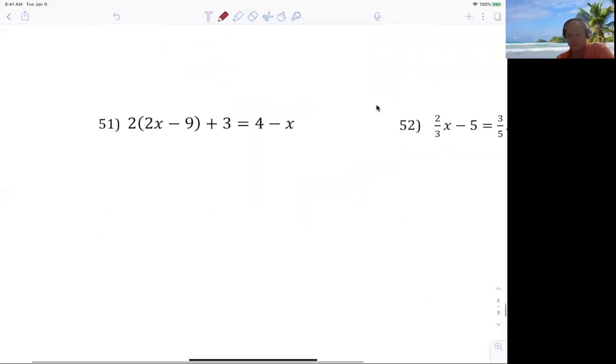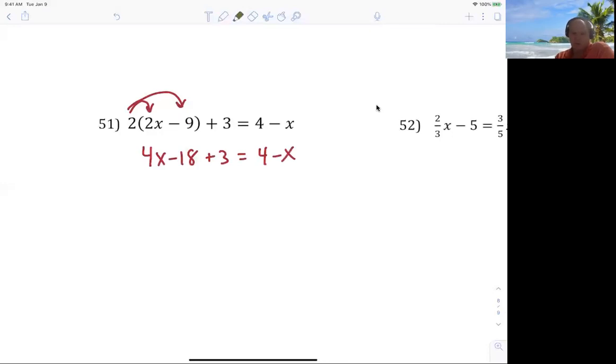Next, 51. All right, so for 51, distributing 4x minus 18 plus 3 equals 4 minus x. Now what we're doing, combining terms. So I have 4x minus 15 equals 4 minus x.